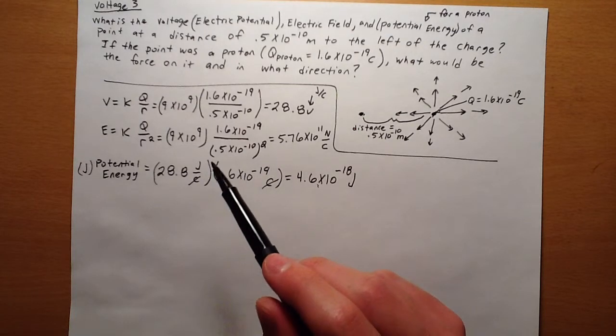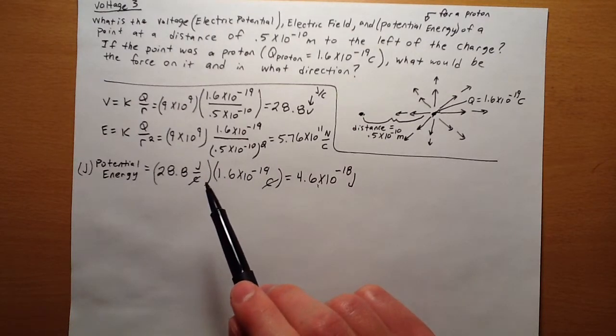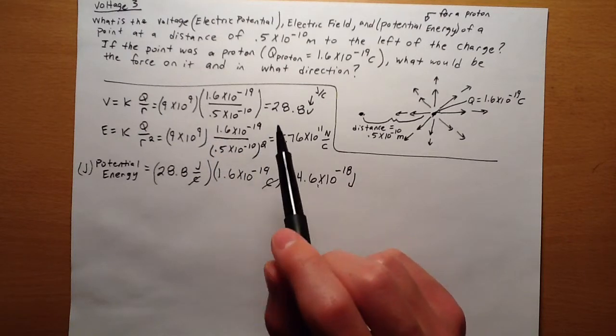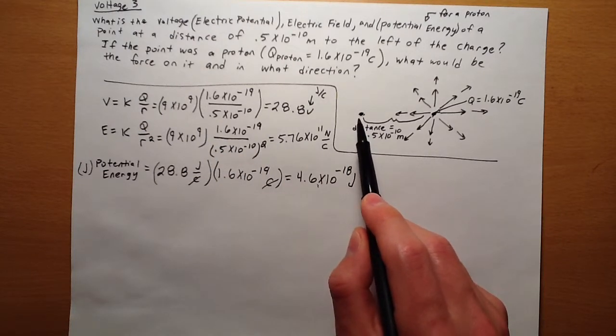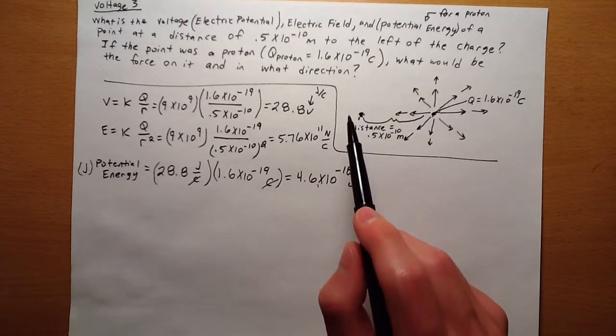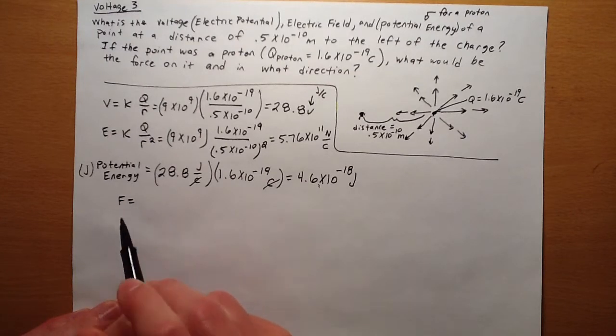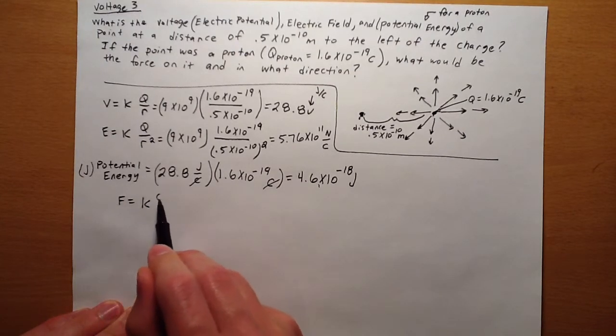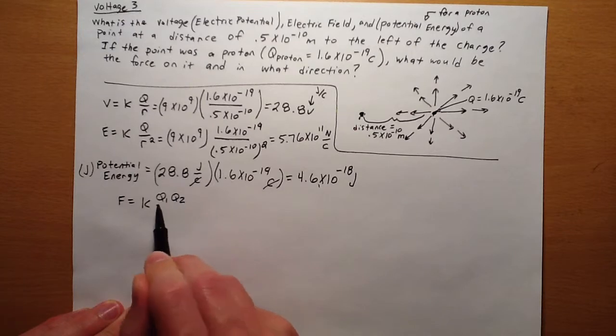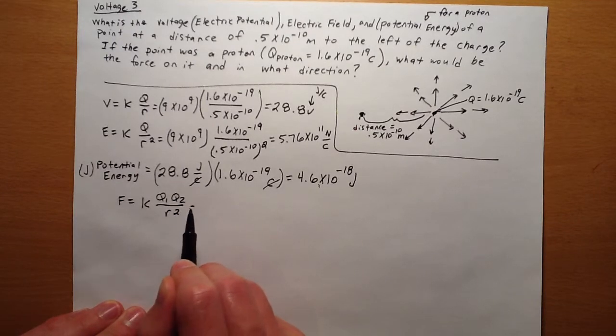Now, the second part of the problem asks us, if we have a proton at this point, what is the force on the proton going to be in magnitude, and what direction will it move? We know that the force equation is K times Q1, Q2 over the distance squared.